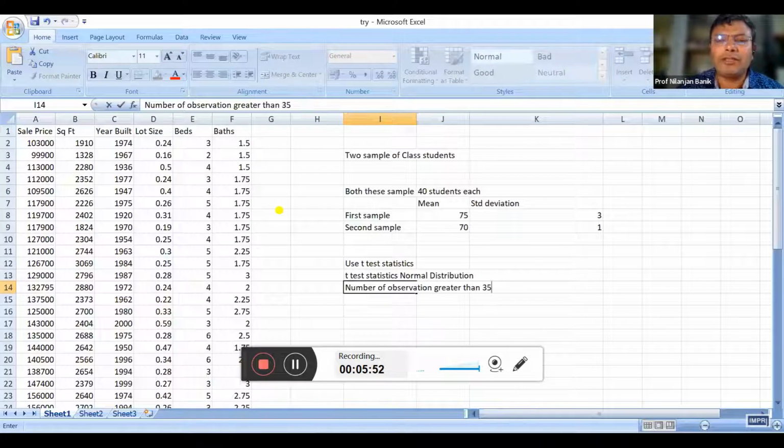If it is greater than 35, this is also called the law of large numbers, where the t statistic is asymptotically converging to the normal distribution. And the normal distribution is that nice bell-shaped curve we were discussing in the previous class. When we do any hypothesis testing, and today I'm going to show you how to do hypothesis testing, we need to understand this normal distribution.